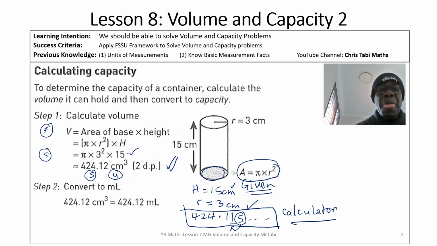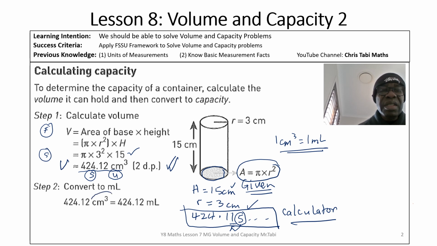Now, we know that the volume is approximately equal to 424.12 cubic centimeters. Knowing very well that 1 cubic centimeter is equal to 1 milliliter, it's just a matter of replacing the units basically.